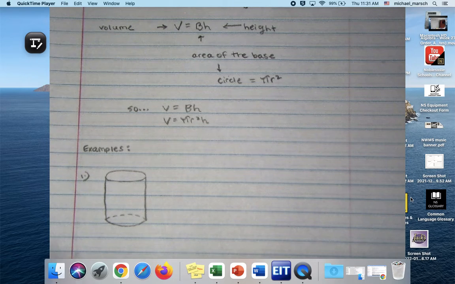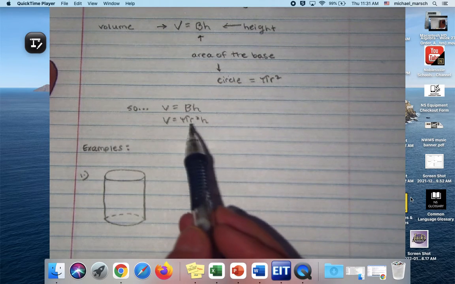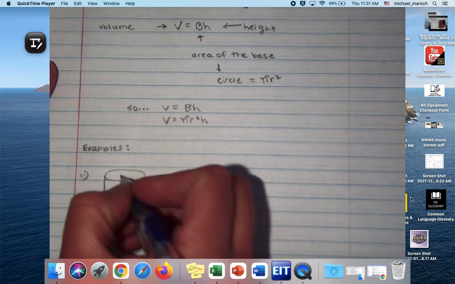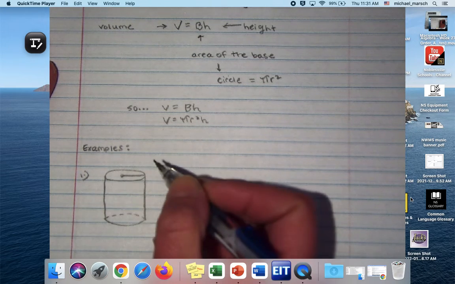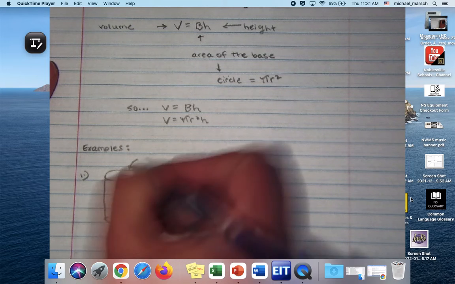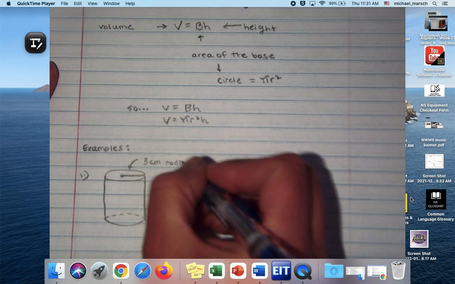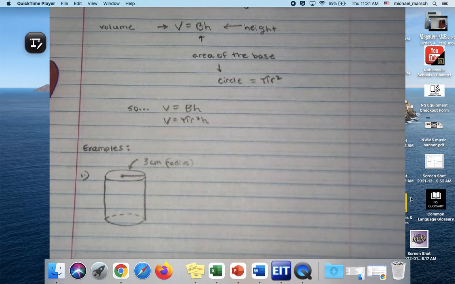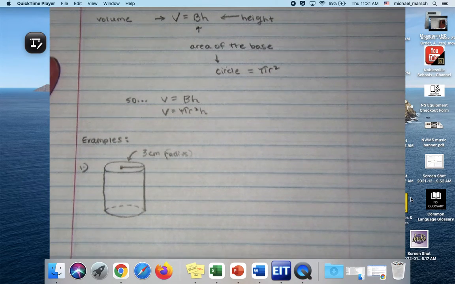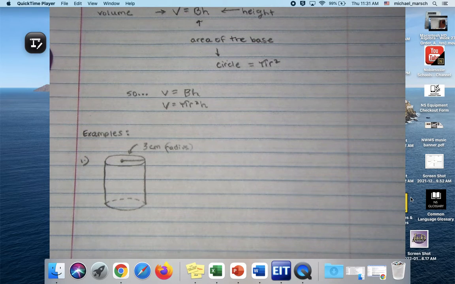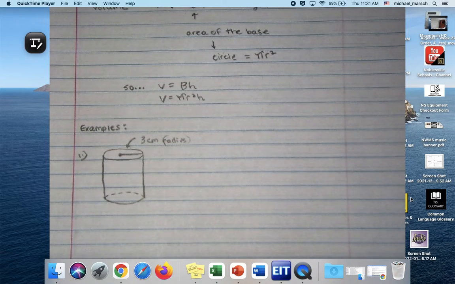Okay, so I need the height of the cylinder and I need the radius of the cylinder. The radius for this one is going to be 3 centimeters. We're going to have to draw all this. Most of the things you'll be given, but for our notes I can't actually do that.